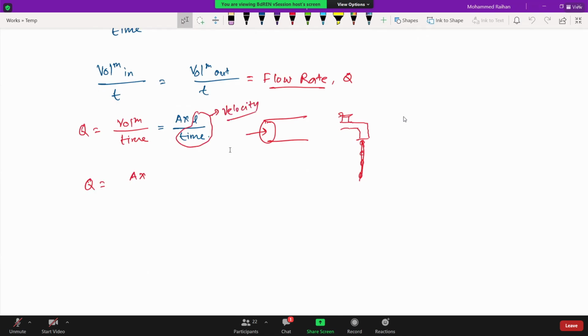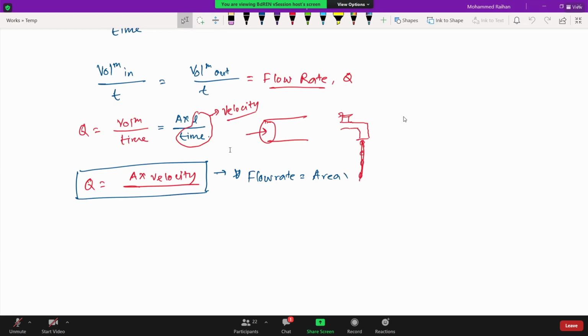So Q equals area into velocity. Clear, everyone? This is an important formula: flow rate equals area into velocity. Any question about this term?